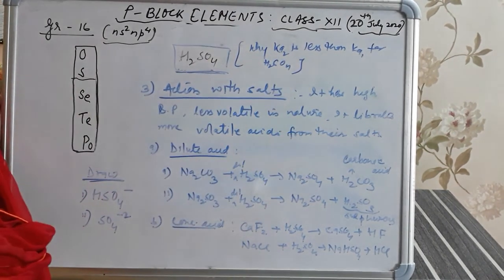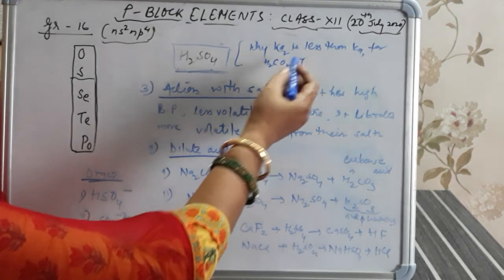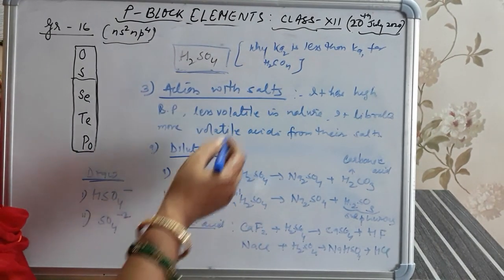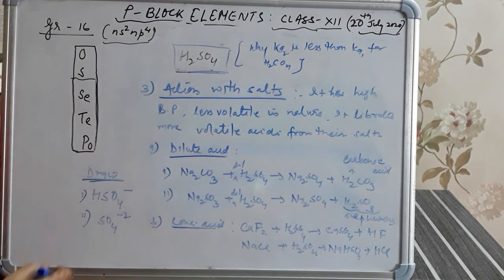It is also an important question. I already discussed this question in this video, so pay attention to it. Students, in the next video we will discuss group 17 and its characteristics.